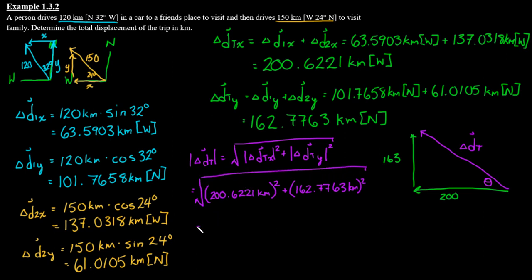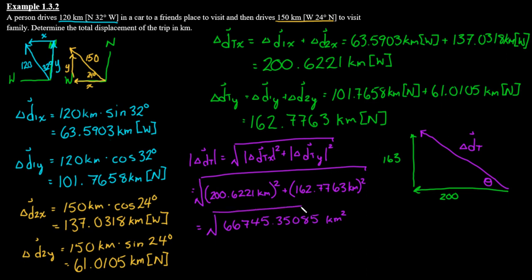Okay. So when I square those values and add them together, we end up with the square root of 66,745.35085 kilometers squared.